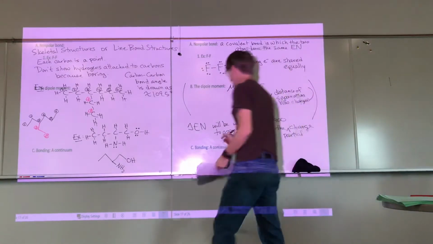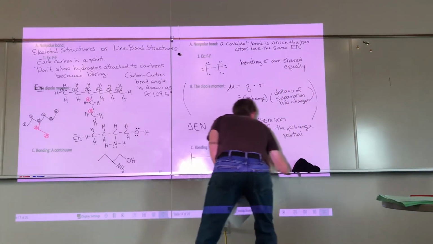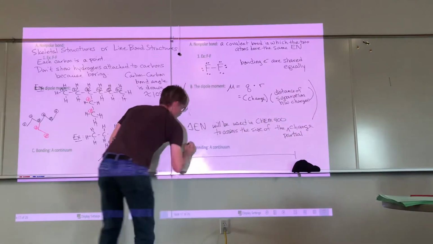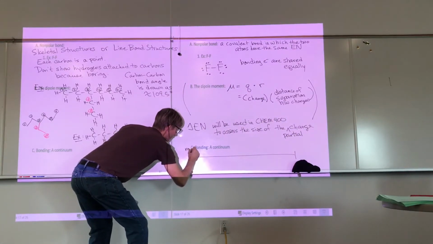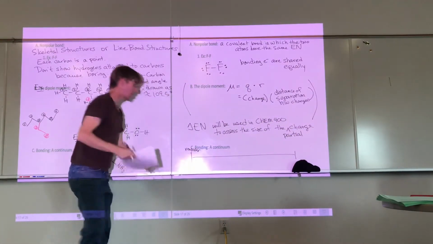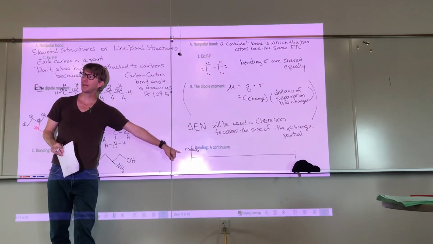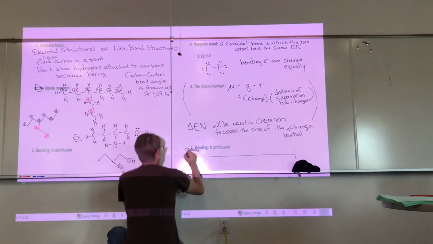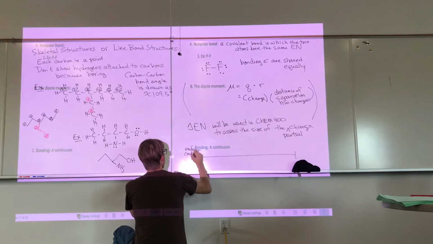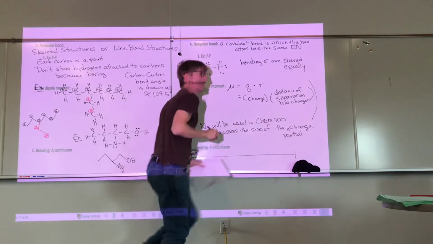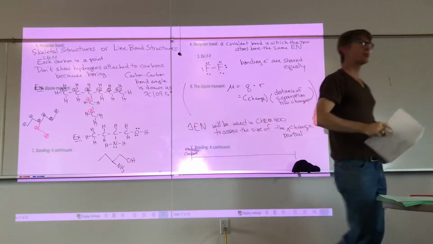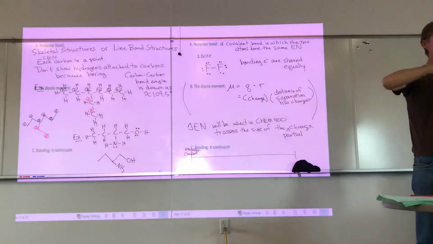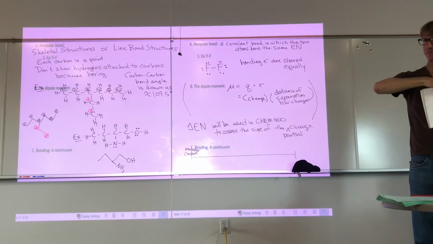On one end are nonpolar covalent bonds. And in nonpolar covalent bonds, two atoms get together to share electrons to complete their octets.